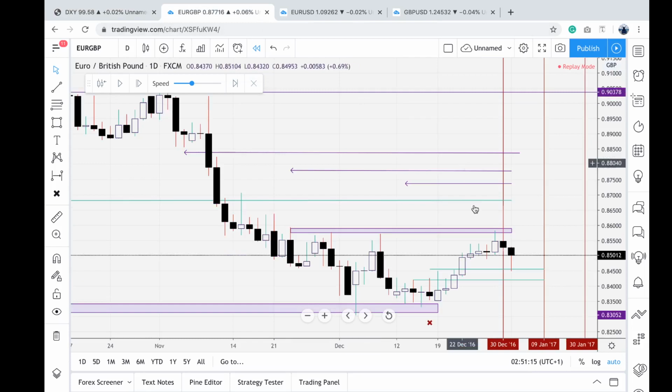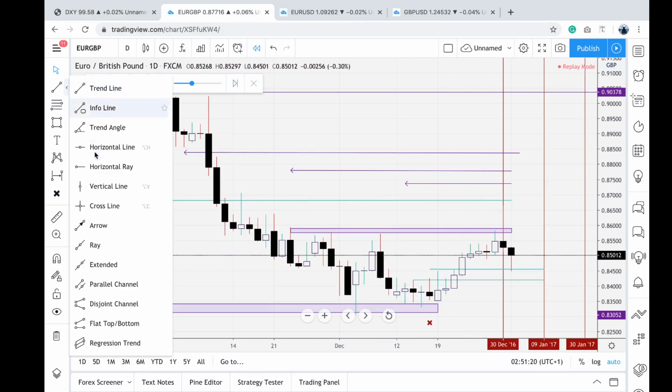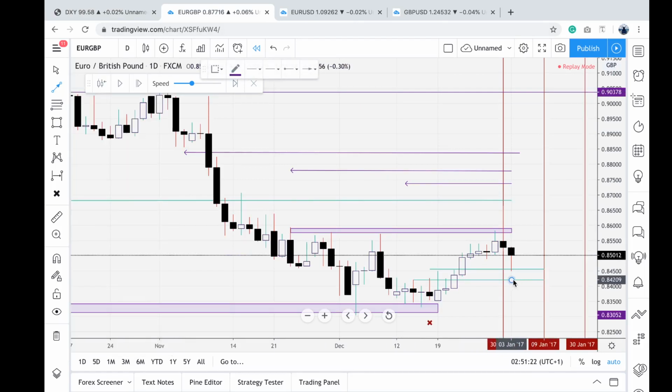So check Euro pound. Remember this was our level to expect bullishness off. So we could see potentially a bull move off this level. So let's see what Euro pound presents to us.